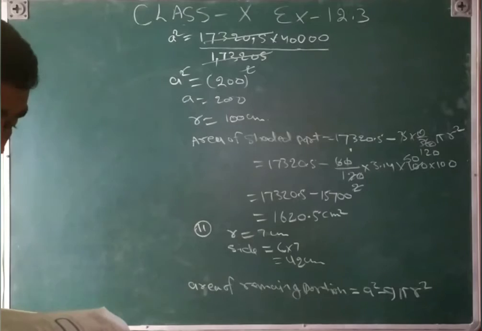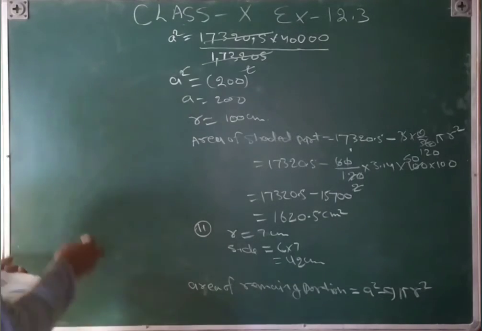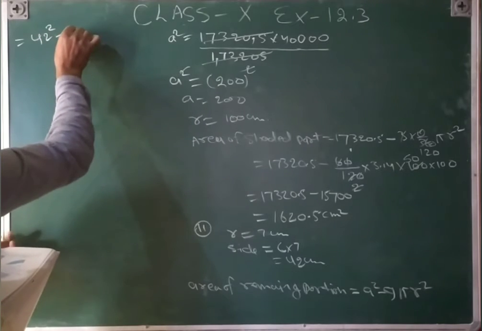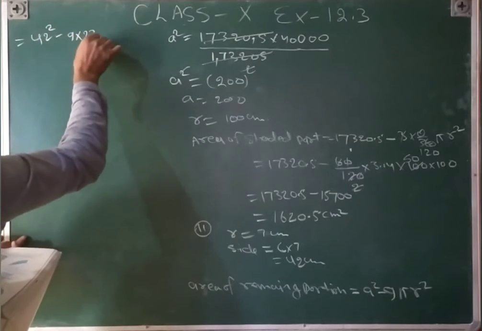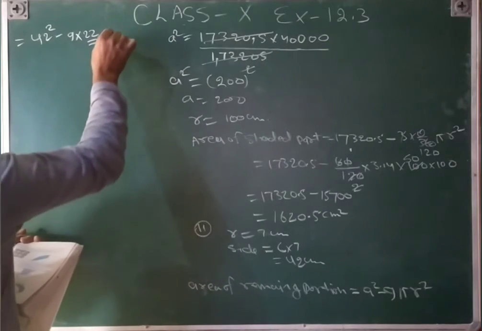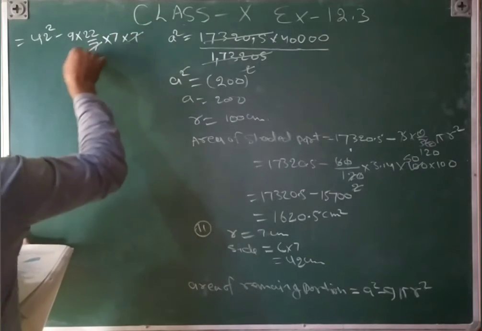So a is 42 square minus 9 into 22 upon 7 into 7 into 7. 7 cancels by 7.